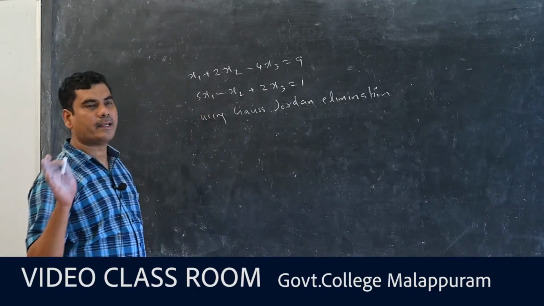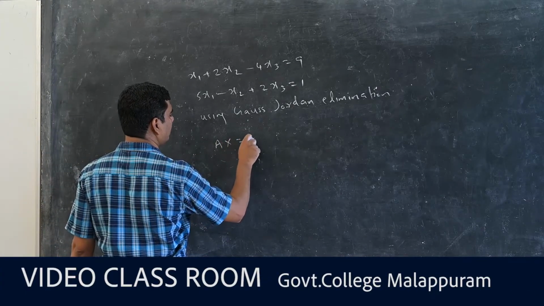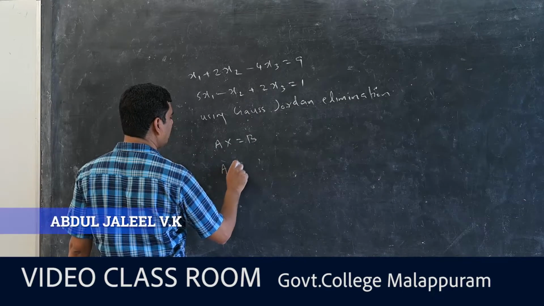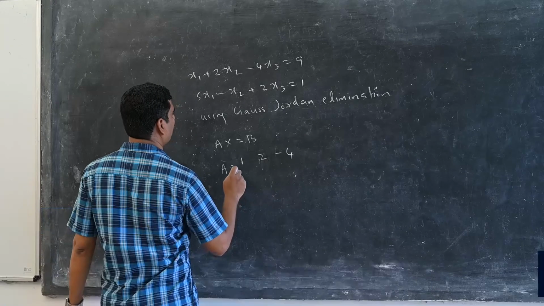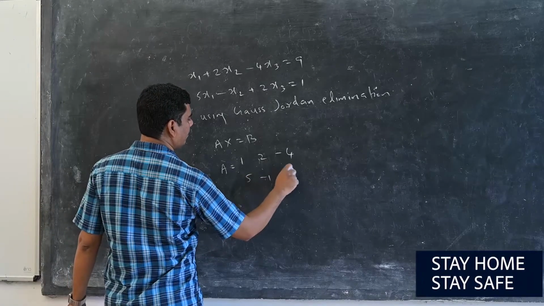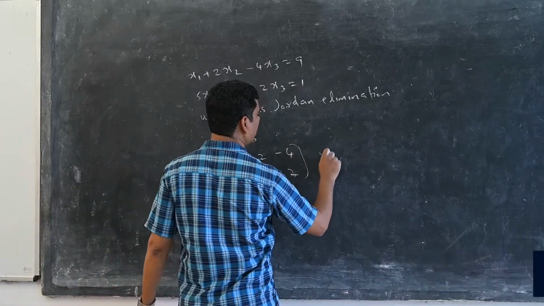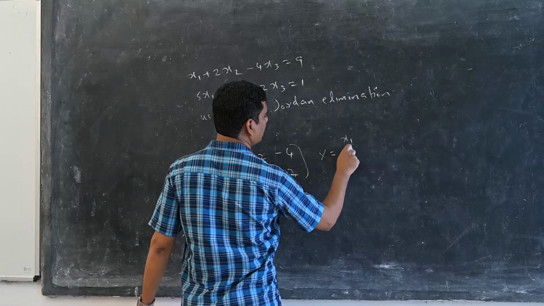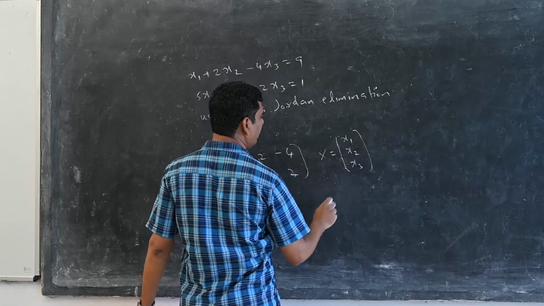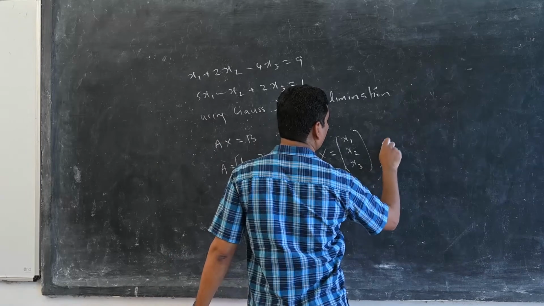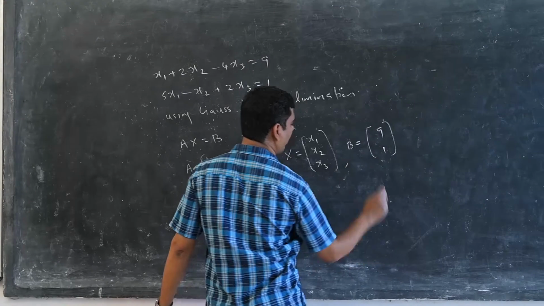So this can be written in the matrix form as Ax is equal to B. A is equal to 1, 2, minus 4, 5, minus 1, 2. X is equal to the column matrix of unknowns x1, x2, x3. B is equal to a constant matrix, it is 9, 1.